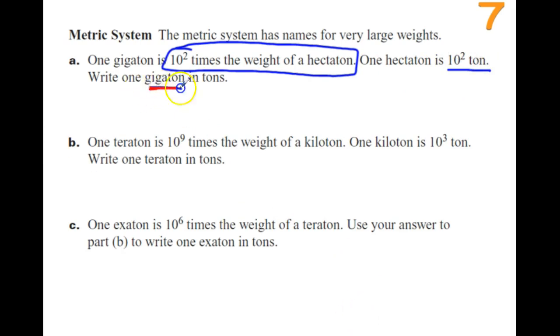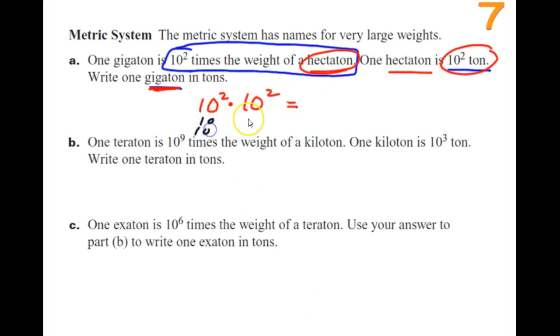So a gigaton is 10 to the 2 times the weight of a hectaton, and a hectaton is 10 to the power of 2 as well. So if we simplify that, well, how many tens would there be? This is 2 tens, and this is 2 tens. So total would be 10 to the power of 4. If you wanted to, you could multiply that out, but we would accept it in exponential form.